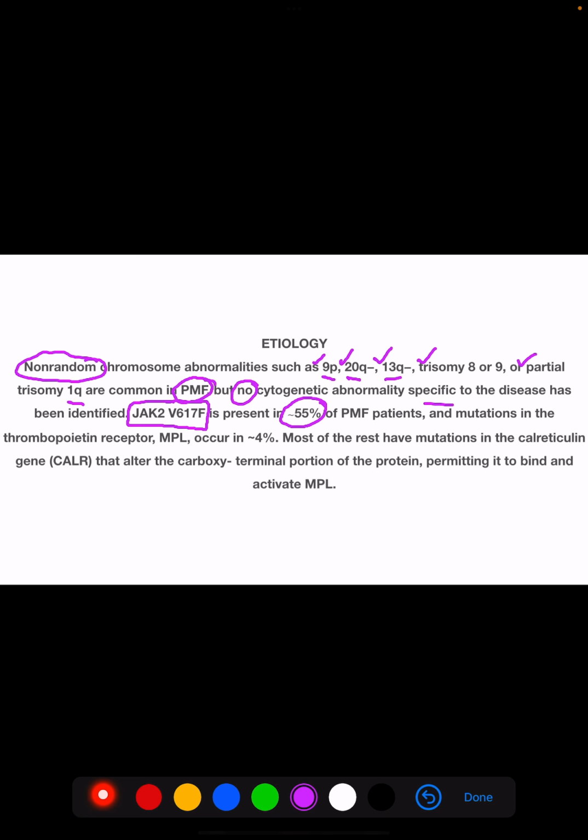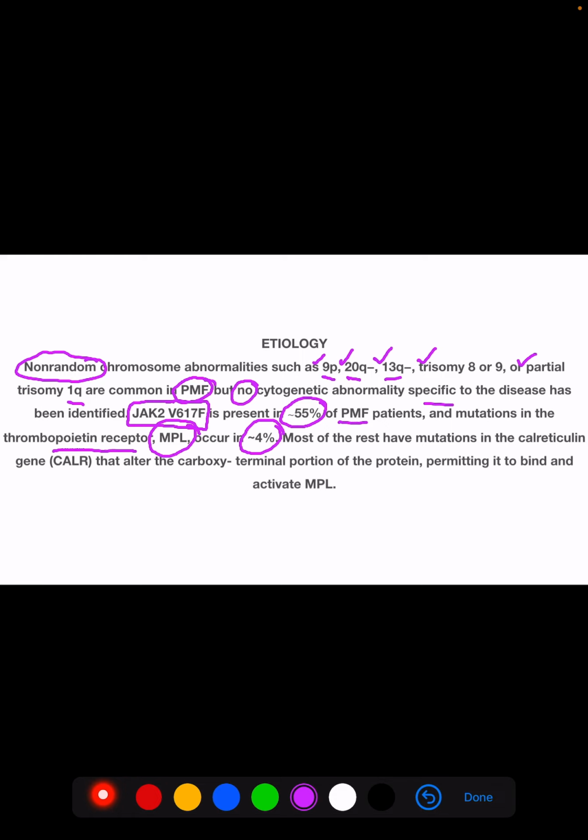The JAK2 V617F mutation is present in how many percent of PMF patients? It is present in 55%. There are also mutations in the thrombopoietin receptor, MPL, which occur in 4% of patients.